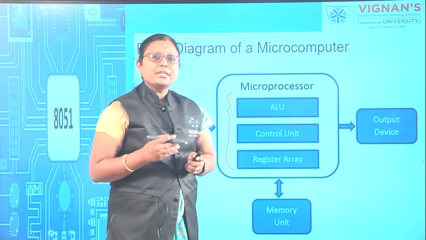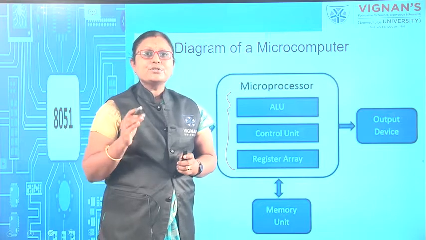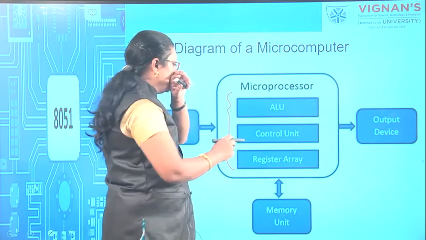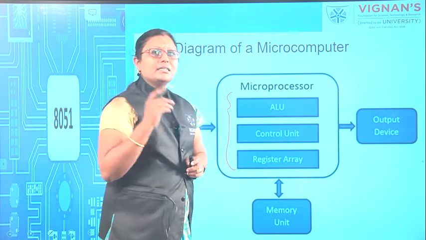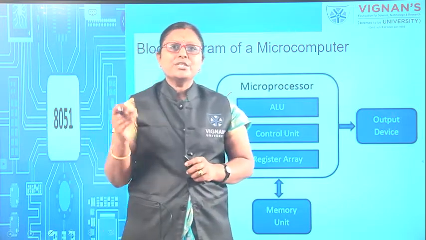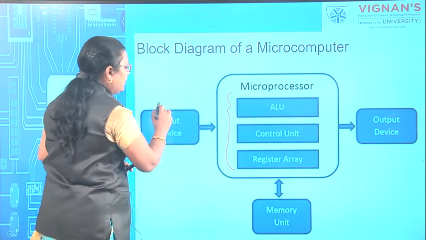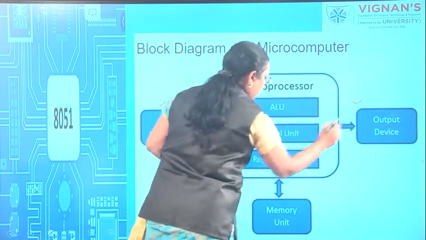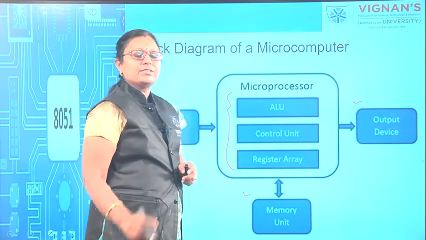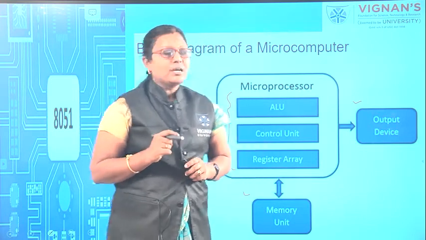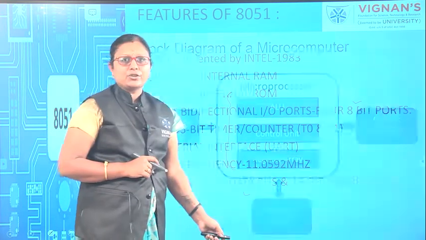The control unit generates the control signals used to control the components connected to it. The register array is used to temporarily store the data being used. Clear? And these input, output and memory devices are implemented along with the microprocessor inside a single chip. That's why we call it a microcomputer.